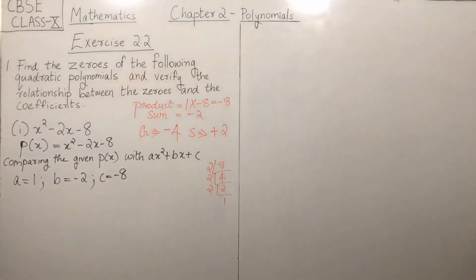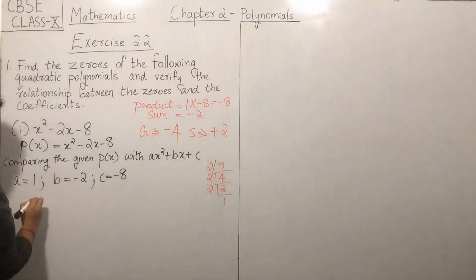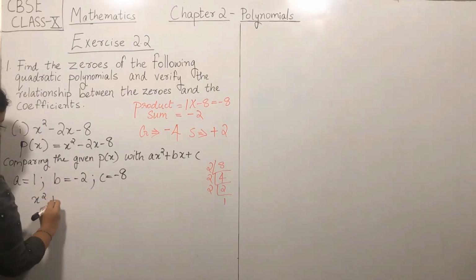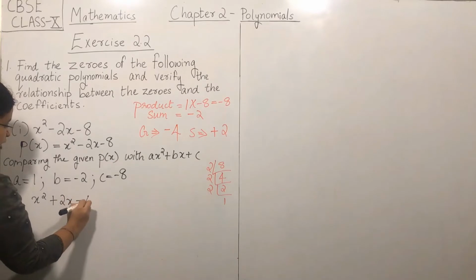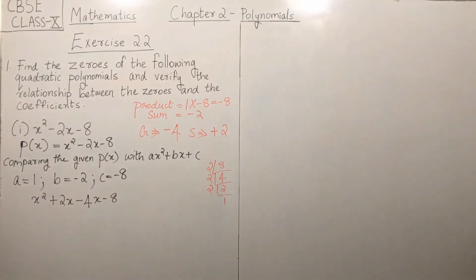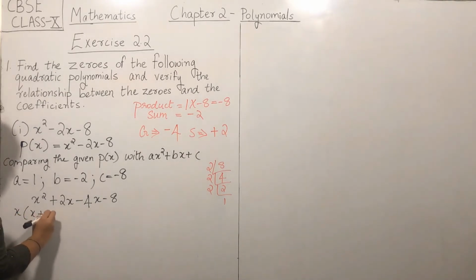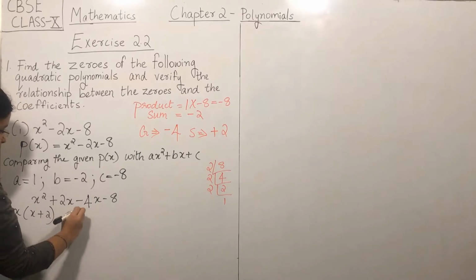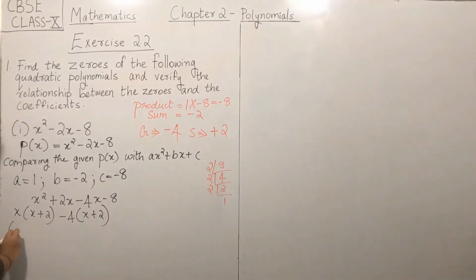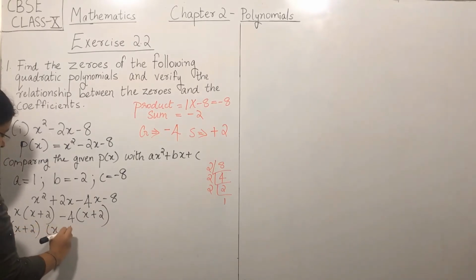Okay. Now we can split the middle term, that is x square instead of minus 2x, plus 2x minus 4x minus 8. Now take x as common, x plus 2, here minus 4 as common, x plus 2, now x plus 2, x minus 4.